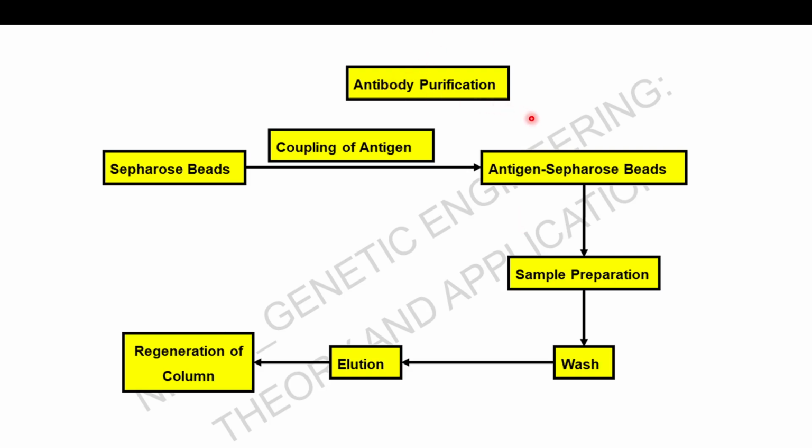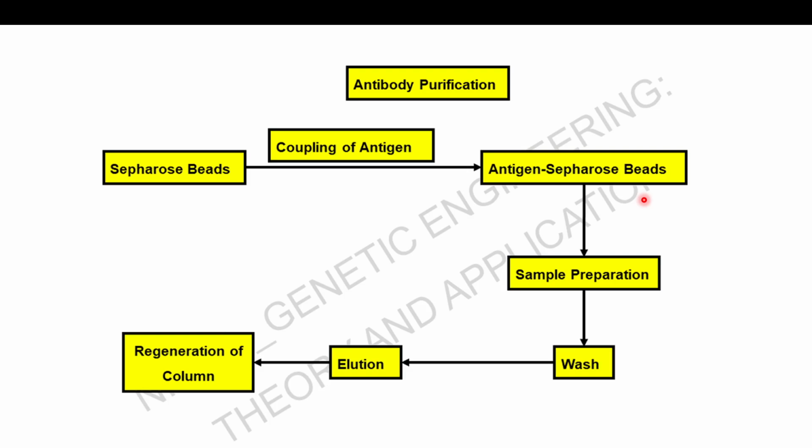Now for antibody purification, affinity chromatography can be used. You have Sepharose beads. You couple an antigen there, like the ligand attached to the matrix, and then that will be antigen Sepharose beads. Antigen has been attached. Now suppose you have purified your antibody, and the antibody will be binding to a specific type of antigen.